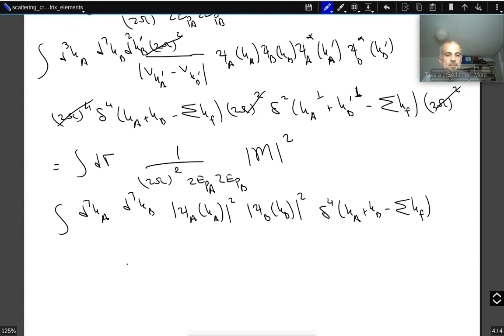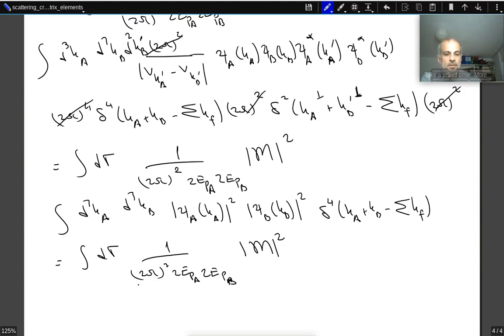And let's take one more step further. You see these, again, I will use the approximation that, since these are highly peaked, I can replace the ka appearing in all the other functions to be approximately pa, and kb with pb. M squared.